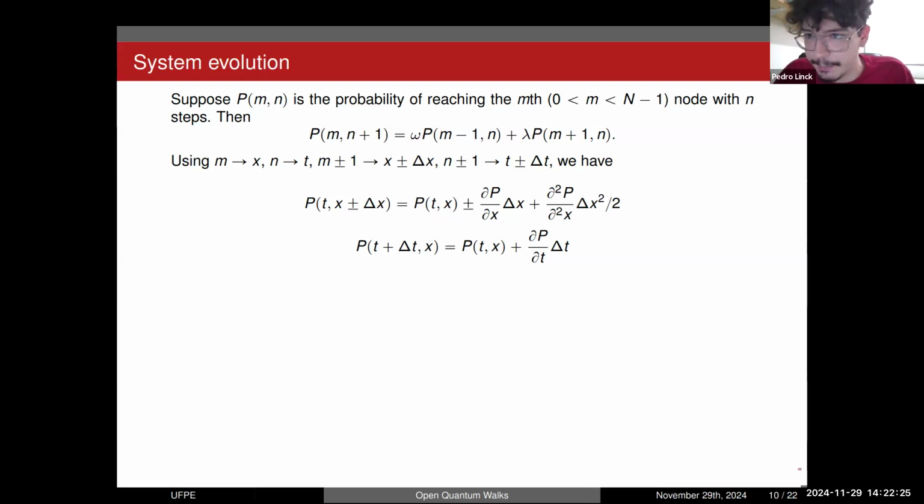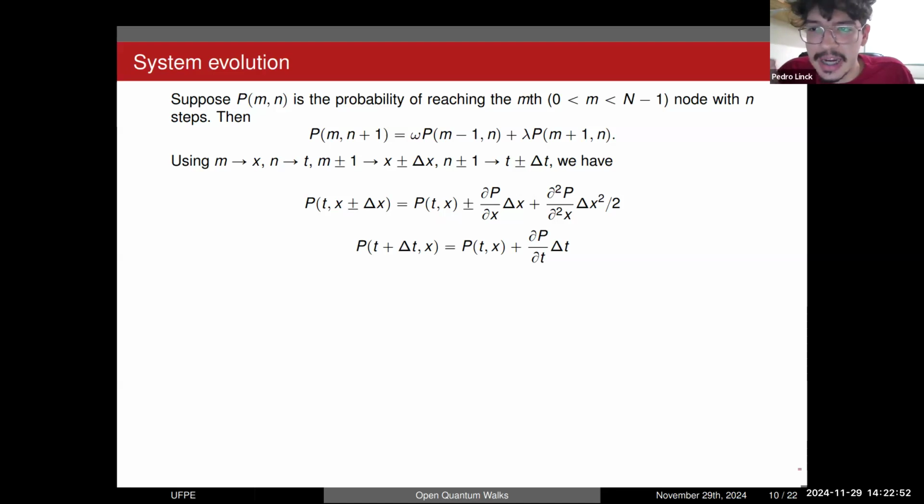And n, which is the step: you don't take 1, 2, 3 steps, we treat the steps as a time. And of course, for the step and the time, we put the delta x and delta t, okay? So now we can expand in Taylor series, as everything in physics. And we expand to first order in time and to second order in space.